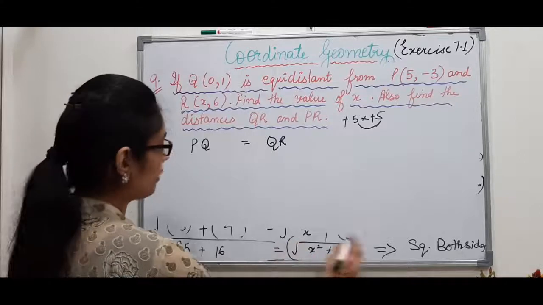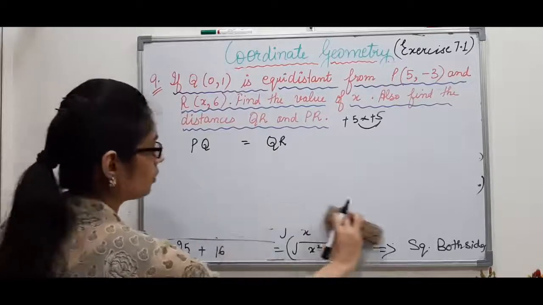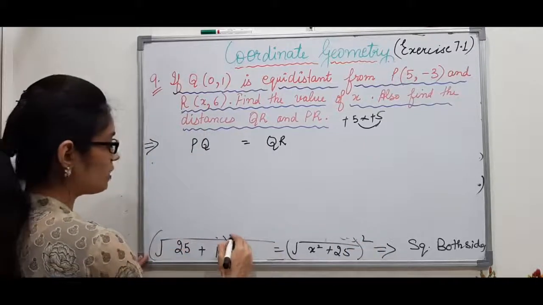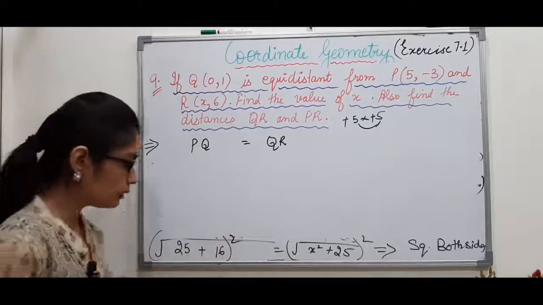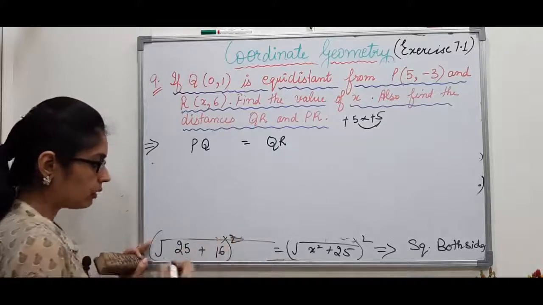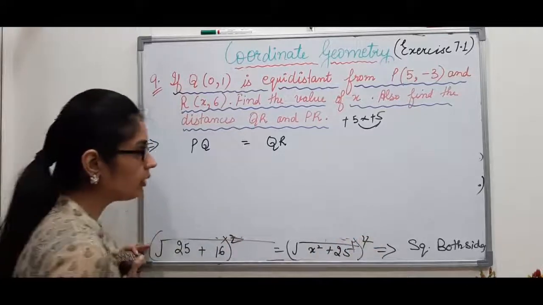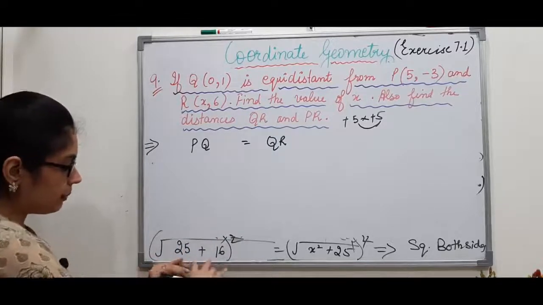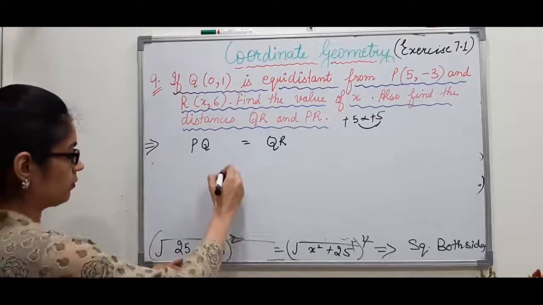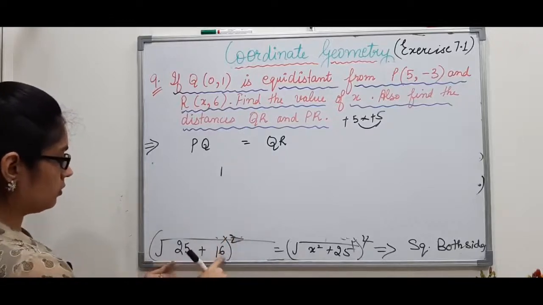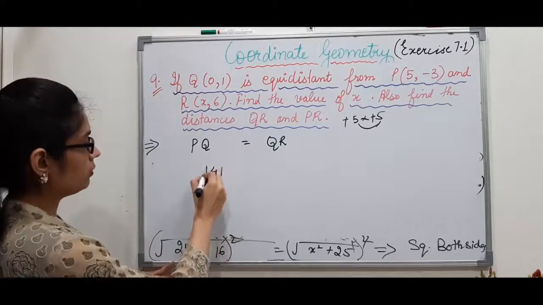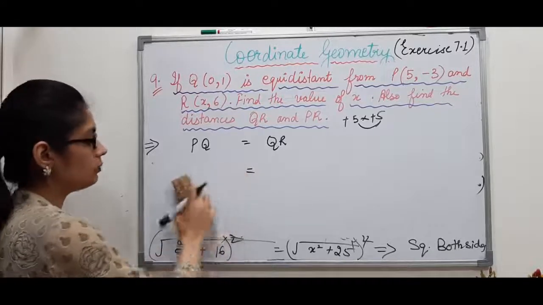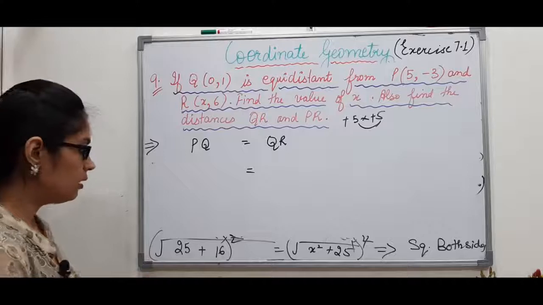So this side I will do whole square, and this side also I will do whole square. So this square and this root will get cancelled. So what I am left with, 25 plus 16, it will be 41, is equals to only 41, because we have already cancelled the root.